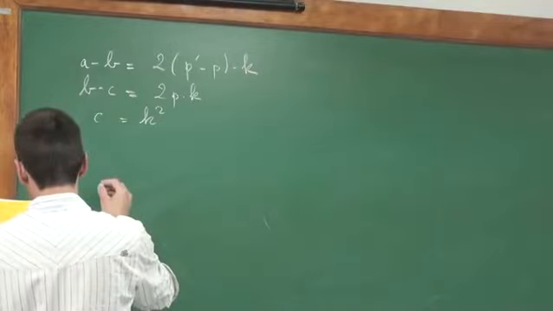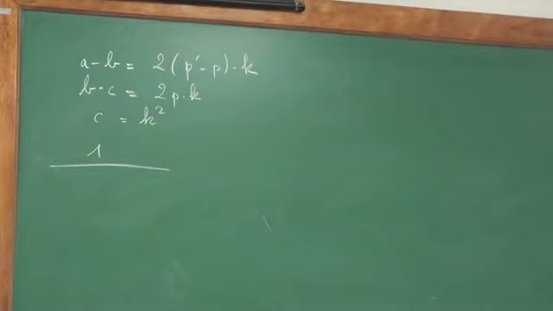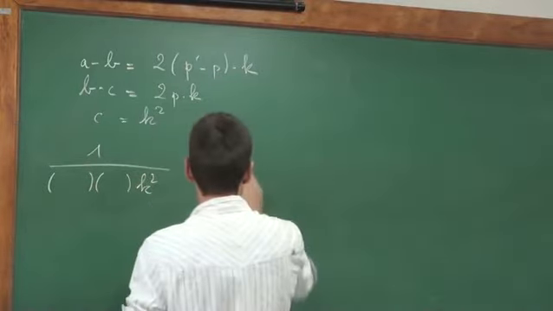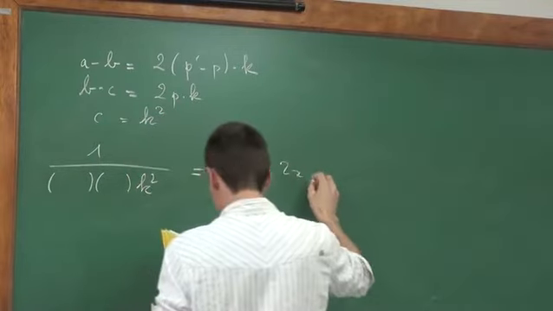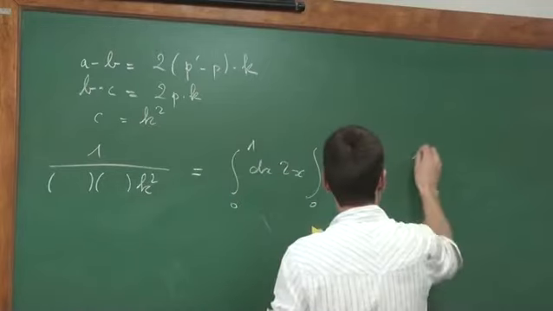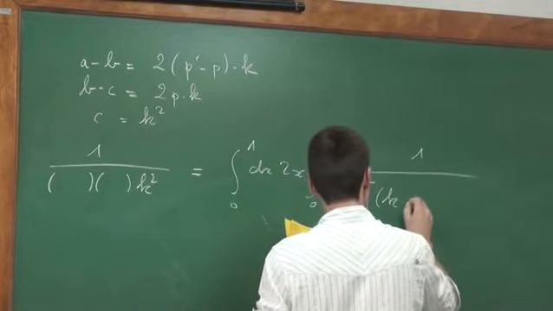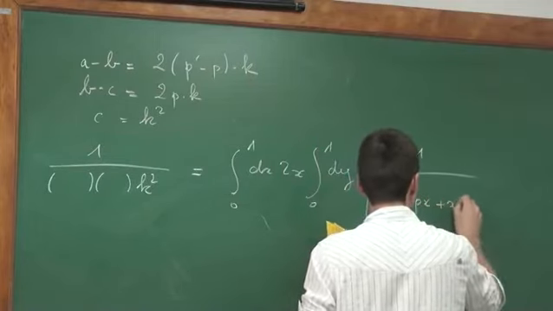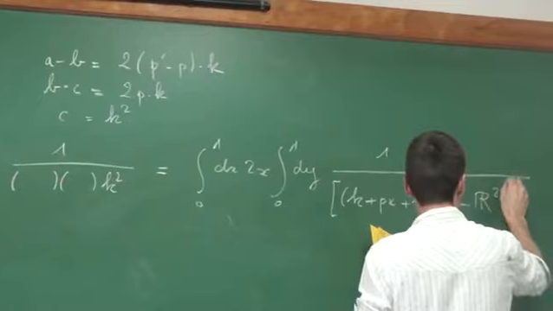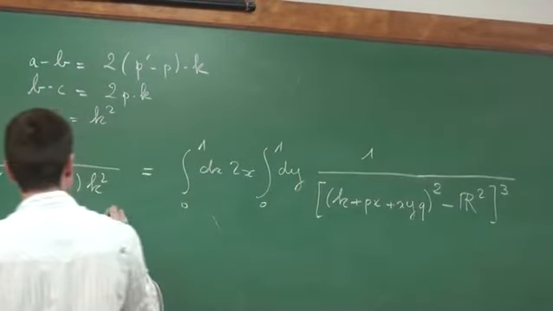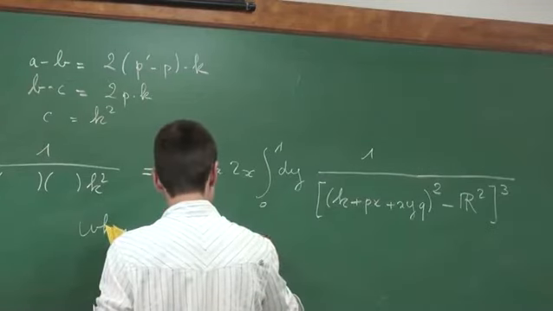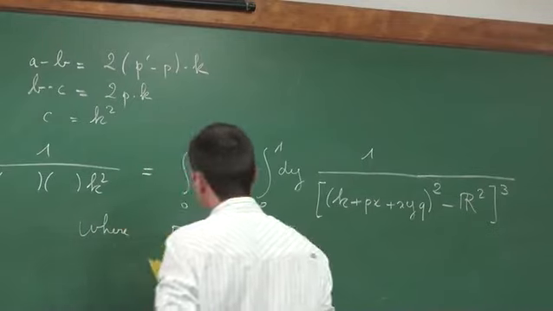So that 1 over my things here is equal to integral over x and y of 1 over k plus x p plus x1 q minus r squared to the power of 3, where r squared is simply, why is it so simple?